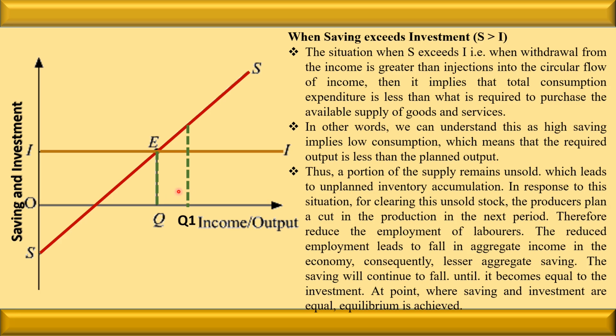And when the income decreases, the supply automatically starts falling down and reaches its original position, that is E. And here we can say that automatically the equilibrium will be restored. So here we have seen how the problem will be solved and what will happen when the supply exceeds investment.